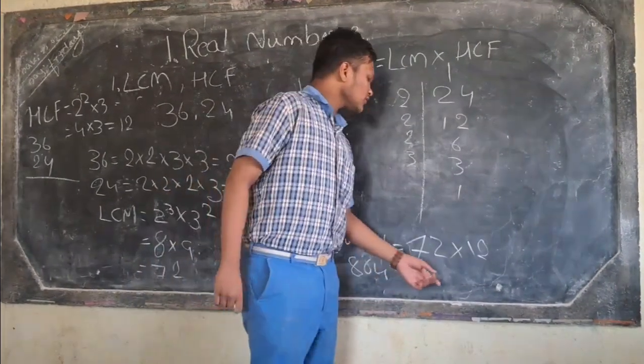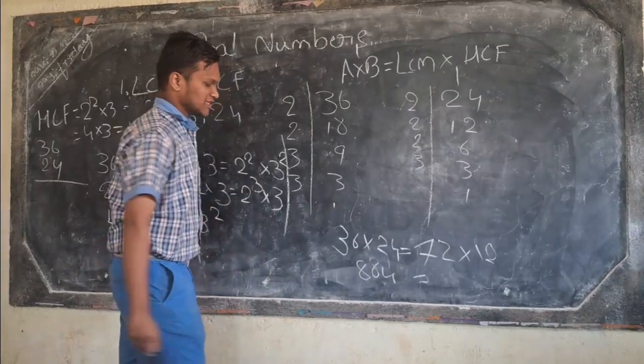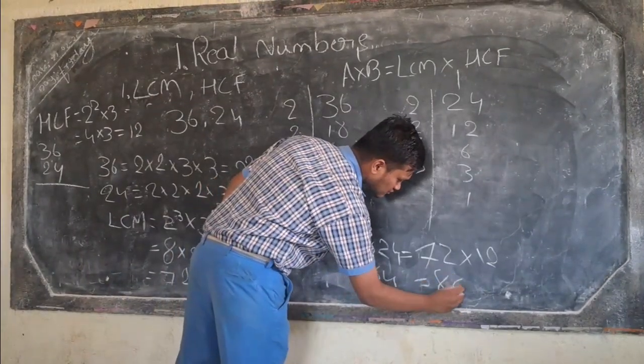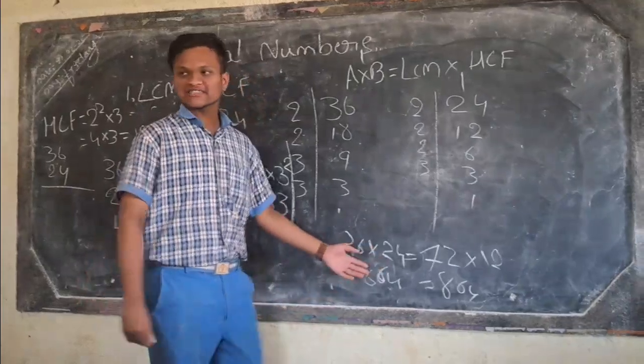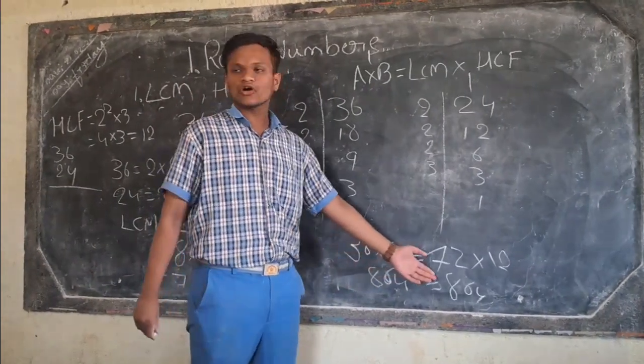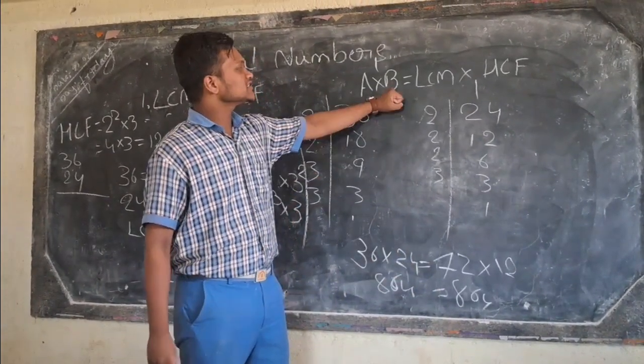Then 72 into 12, 864. Then both are similar. LHS is equal to RHS. So this relation is correct.